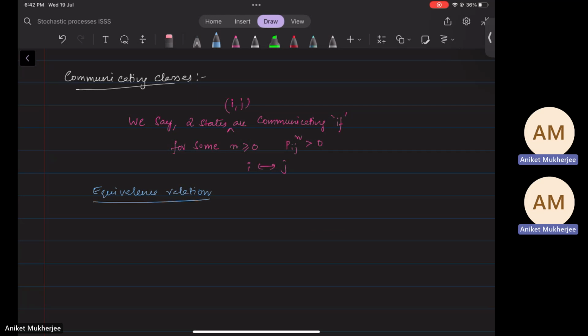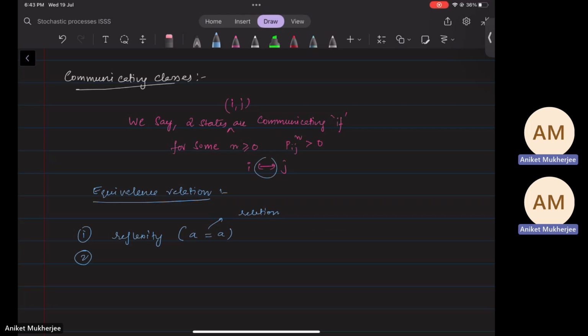So my goal is to show that communication is an equivalence relation. So what does equivalence relation mean is that, so you have reflexivity, which means a relates to a. This is the relation that you're going to test. The relation here we'll be testing is the communication relationship.